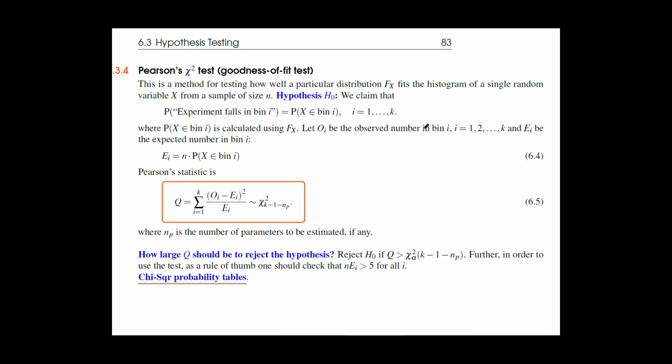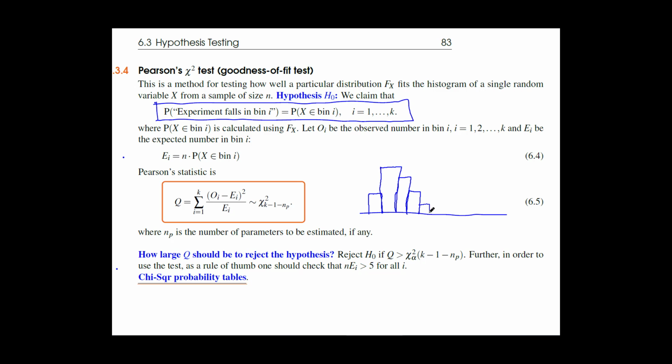Okay, so in this case, the null hypothesis is that this one. Okay, so again, here we're going to collect data, and then you're going to plot your histogram like that.